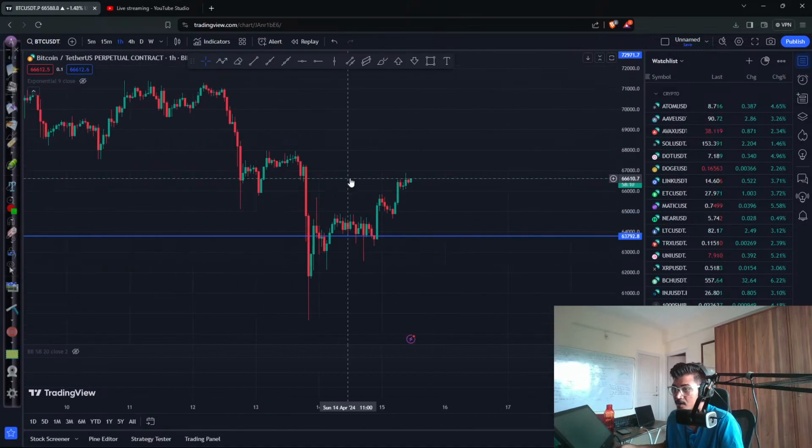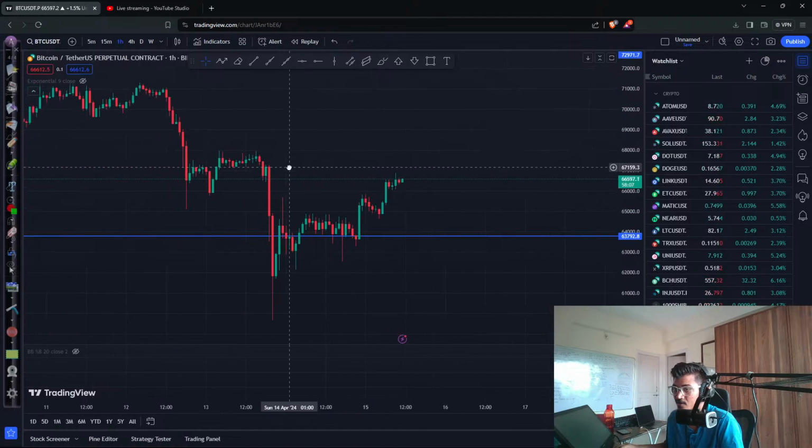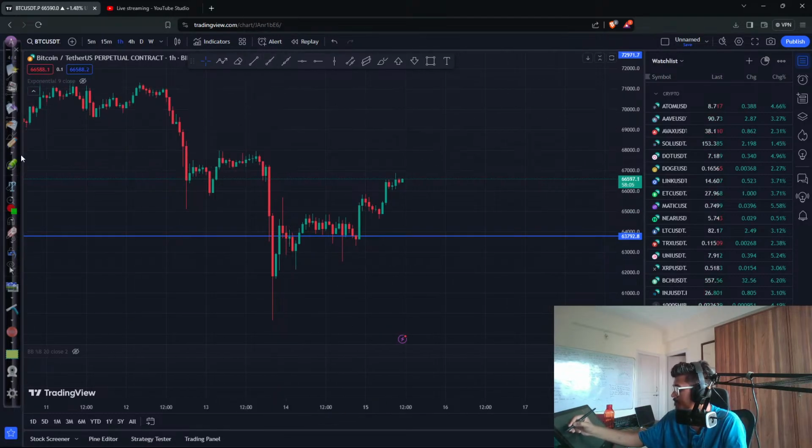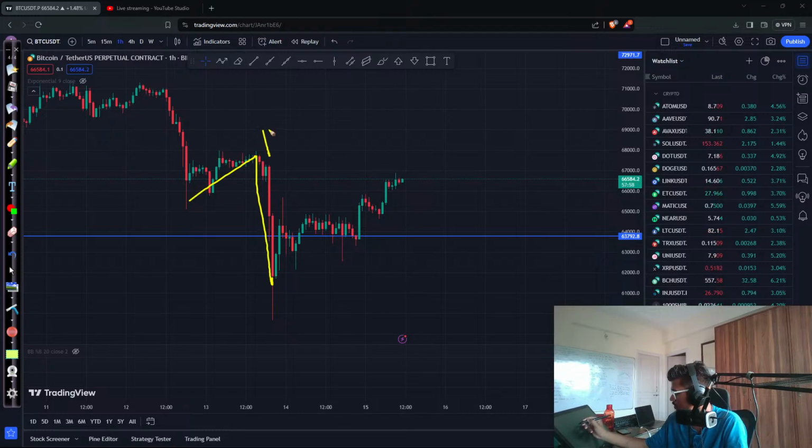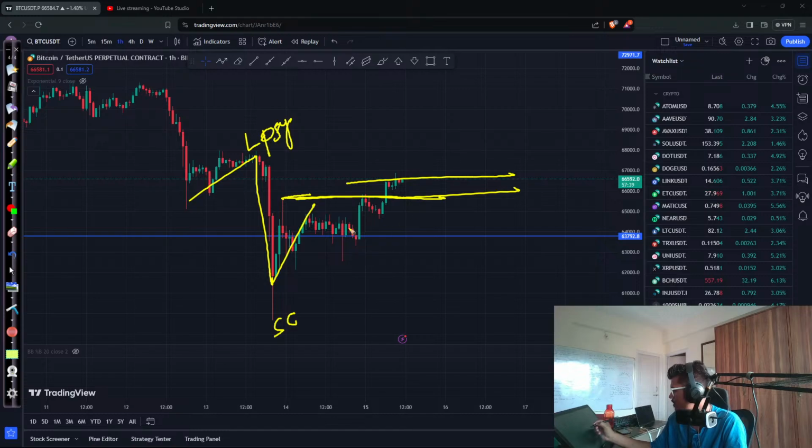If I look at only this, what is going on here, we had our last point of supply, and then the selling climax. Then this is kind of an automatic rally here. So let's see how it makes progress.